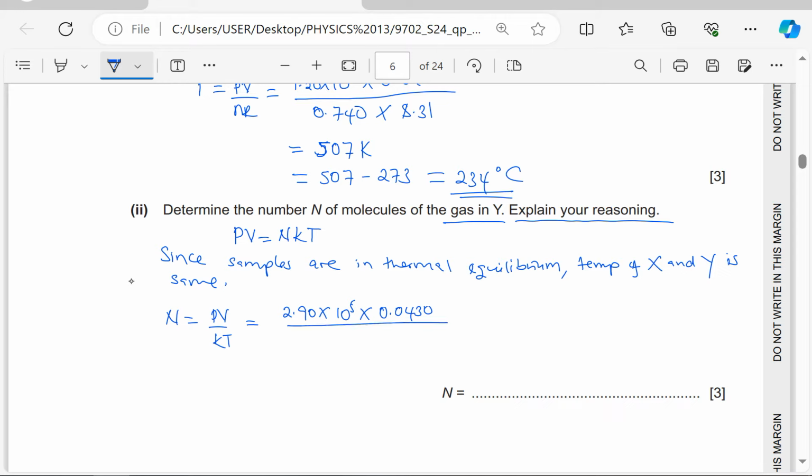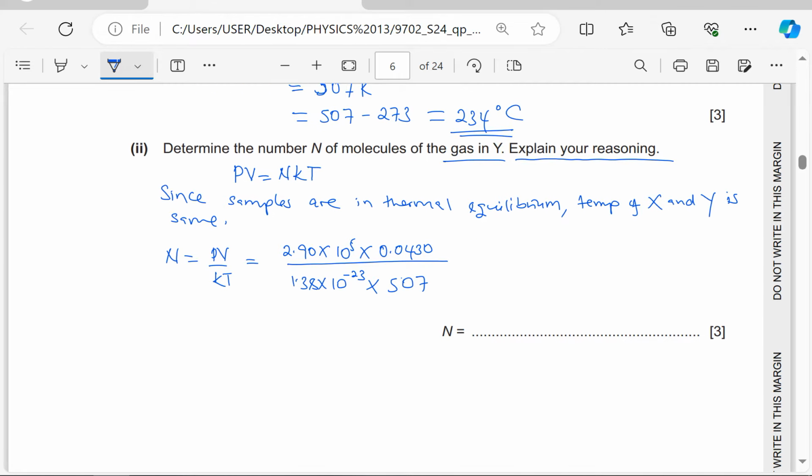Then I'll divide this by Boltzmann's constant, which is given as 1.38 times 10 to the power of minus 23. The temperature is going to be the same, but I'll use Kelvin. So this is 507. You can't use 234 degrees Celsius because every time we use these equations, the temperature must be in Kelvin units.